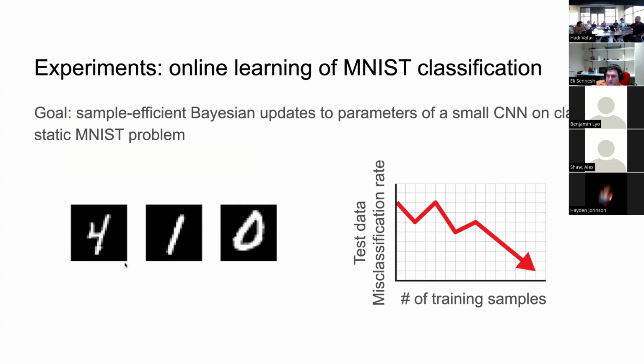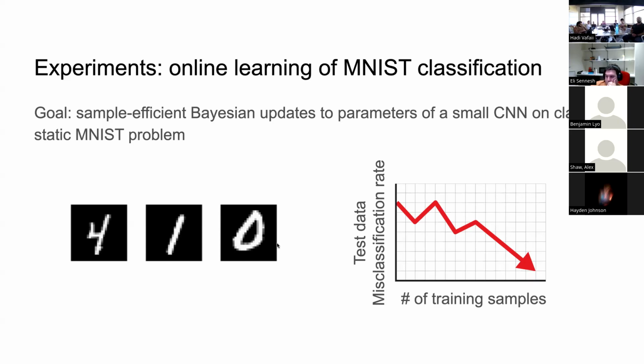And the goal is to classify which digit is shown in each image. And so we're going to get individual samples drawn from the entire training distribution. And we're going to update the parameters of a small convolutional neural network using this approximation to the Bayesian online natural gradient to move towards getting a better classification on this problem.